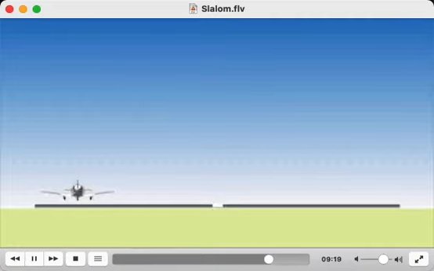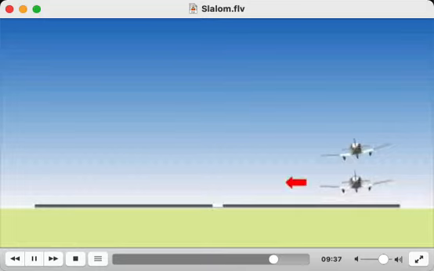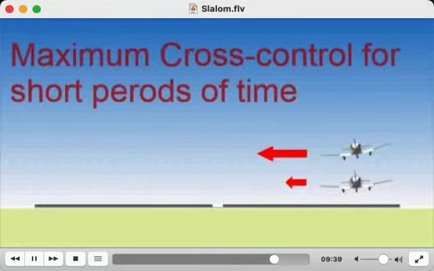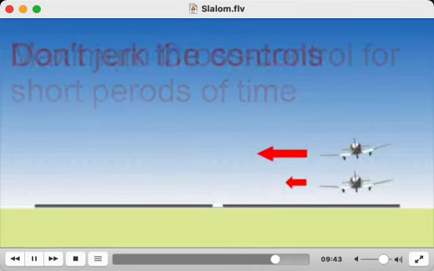This does not want to become a rhythmic movement, but an exercise in controlling lateral position and velocity. As you develop confidence and skill with the slalom, you can use more and more bank. Remember that the greater the bank, the higher the lateral acceleration. This means that you can't cross-control to the maximum capabilities for very long.